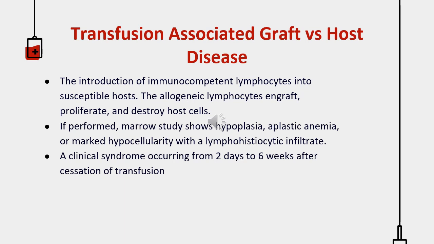So this is the case where instead of the host rejecting the graft, the graft begins to attack and reject the host. So it's important, again, to remember that reactions can occur days following a transfusion, and this is more commonly going to be seen in the transfusion of white cells than red cells. And this is one of the reasons why education and proper screening, crossing, and matching is so important.